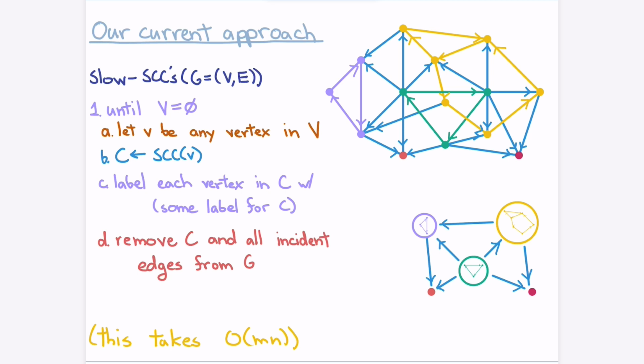Now, if I wanted to make this fast, which vertex, well, okay, how about this?